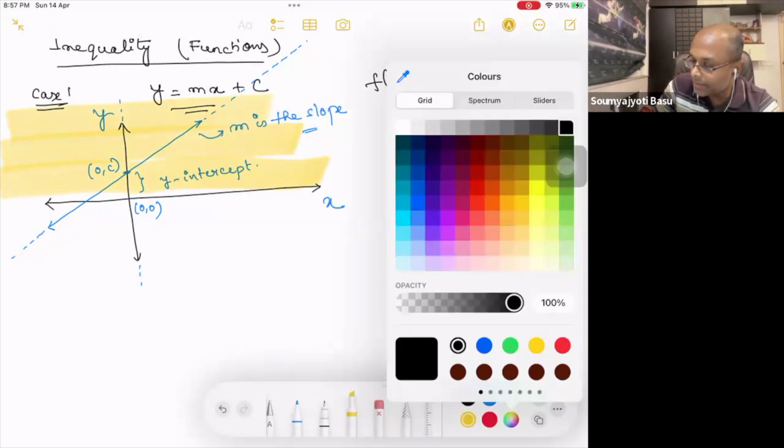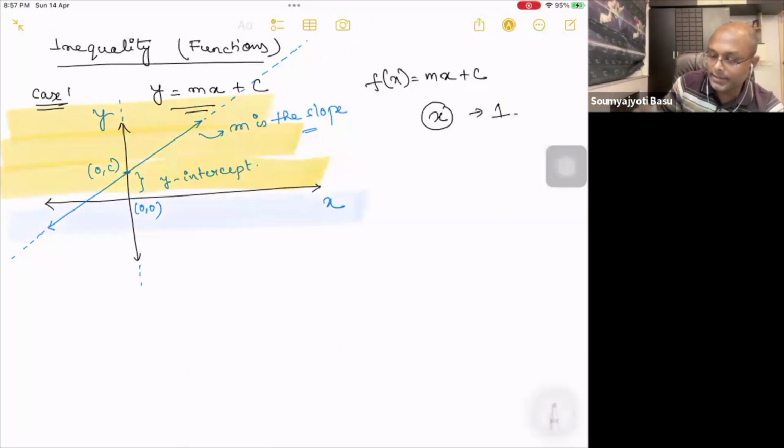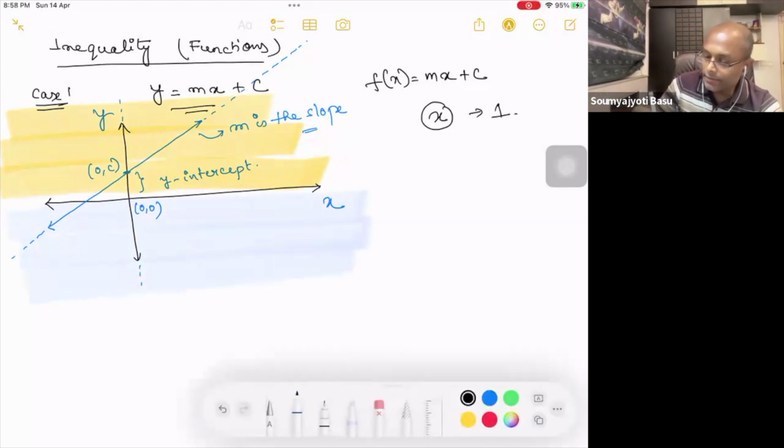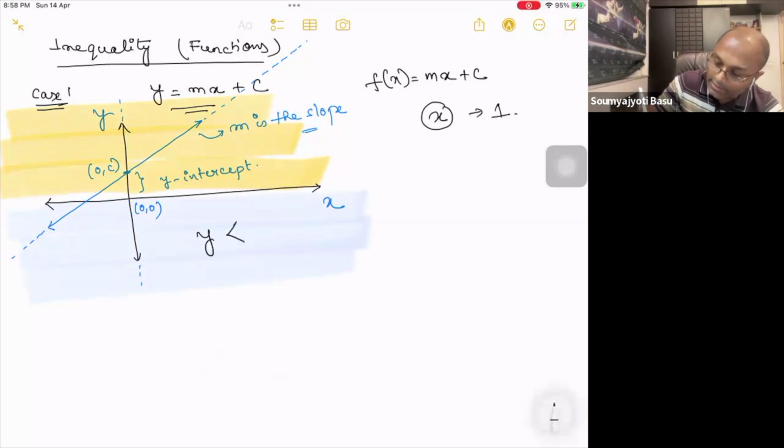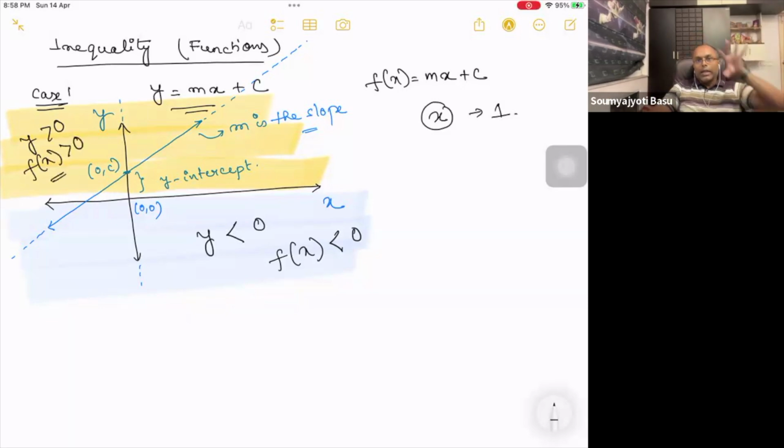On the other hand, anything below the x-axis, what is the value of y? y is less than 0 over here, and y is greater than 0 above. If you get that image, if you understand this concept, you have understood half of inequalities, okay?